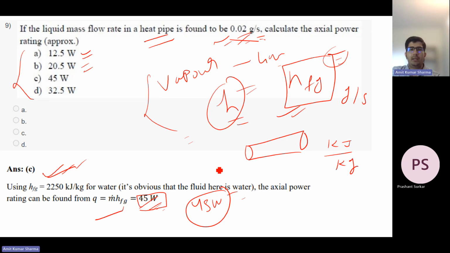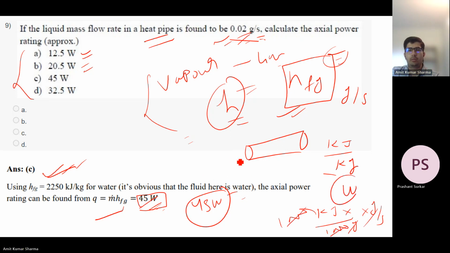Because after you multiply kilojoule and convert kg to gram, 1000 gram into gram per second, this will cancel out, and kilojoule per second will convert into joule by multiplying by 1000, so it will also cancel out. So joule per second will be watt. In this way also, with the unit balance, you can find out how to solve the question.